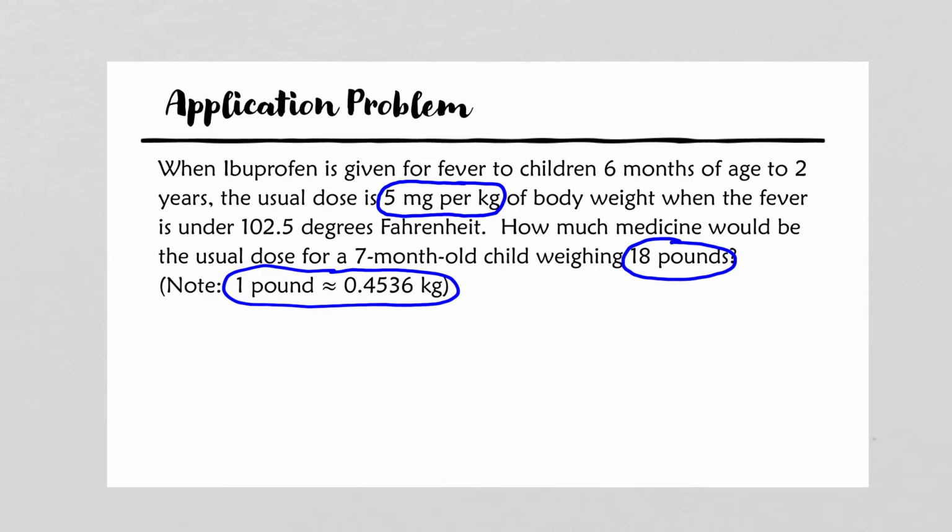Those 3 bits of information are really the information that's going to help me solve this problem. Let me start then by writing down that first bit of information, namely that 5 milligrams of medicine corresponds to 1 kilogram of body weight.